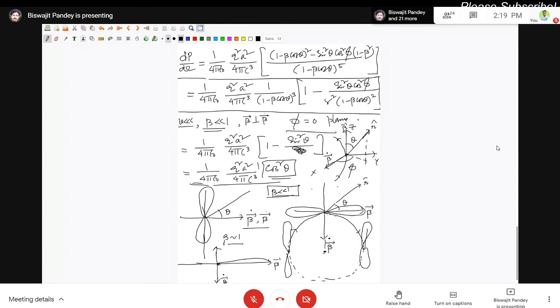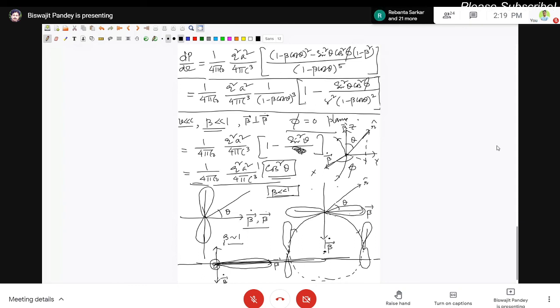It will be longer as the velocity increases, and the backward lobe gets shrunk, so it will be shorter. As you increase the velocity, the forward lobe gets longer and longer, and the backward lobe shorter and shorter. In the limit beta tends to one, it will be infinitely long in the forward direction, and the backward lobe will shrink to almost a point.